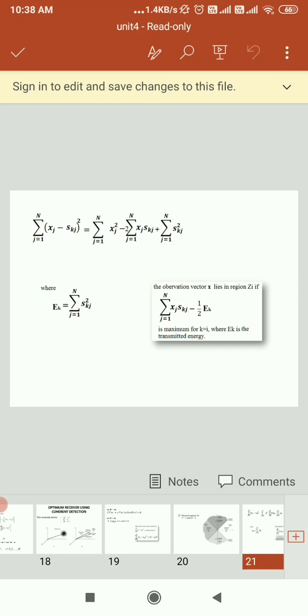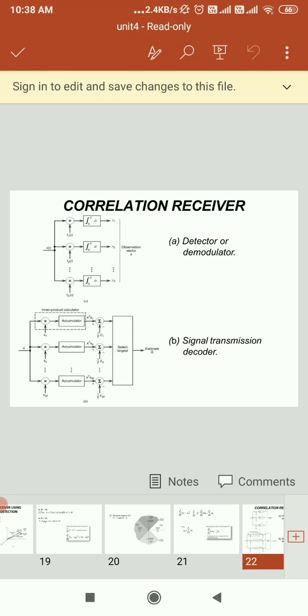If we take input as x of t, output as y of t, that equals s naught of t plus n naught of t. So that gives us the filter output, where s naught of t is produced by the s of t signal and n naught of t is produced by the n of t signal. So the sampled output will depend on s naught of t and n naught of t.